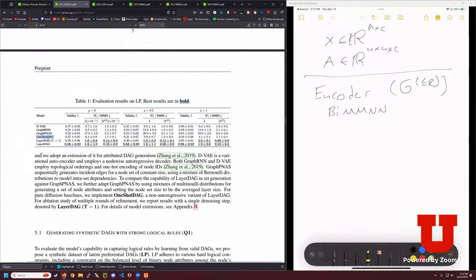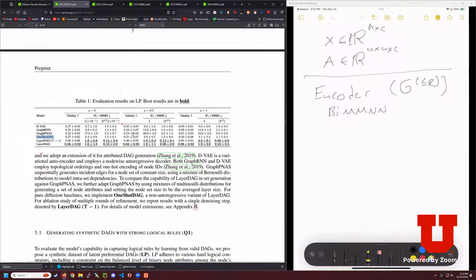There's a one-shot DAG, where they don't do any of the autoregressive training and just try to predict the DAG all at once. This would be much closer to the diffusion version in DiGress. They have a layer DAG where they only do autoregressive, so they only do one step of diffusion. And then they have a layer DAG where they do both autoregressive and diffusion. Consistently throughout the results, the layer DAG did significantly better than the one-shot or single-step diffusion.